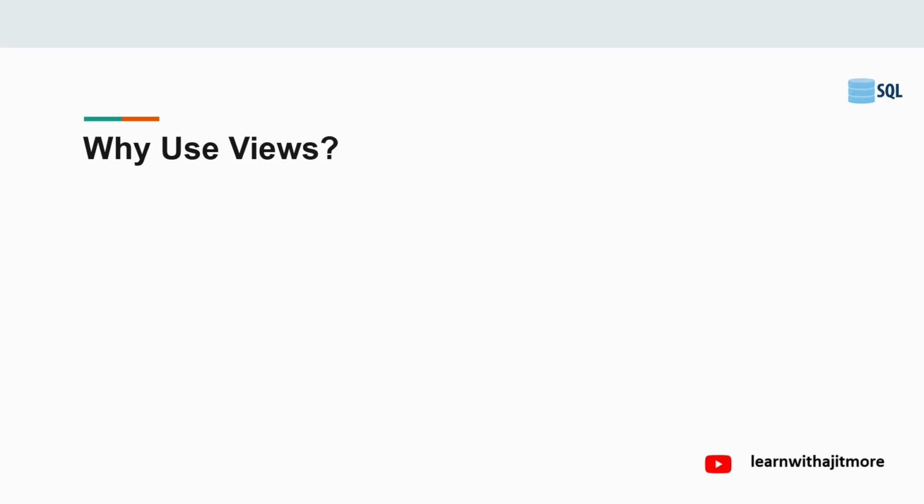And it is kept in a centralized place, so anyone else who needs that view can use it. Getting? It avoids writing the same query again and again. You can just write the query and store it, and whenever you want, you can run that query. Getting? A lot of benefits you get, I'll tell you. Security. Hides sensitive columns. Means some columns which you don't want to show, you can hide them with the help of a view.